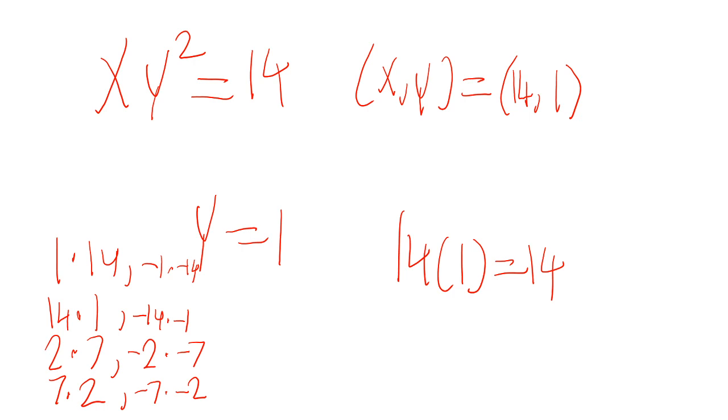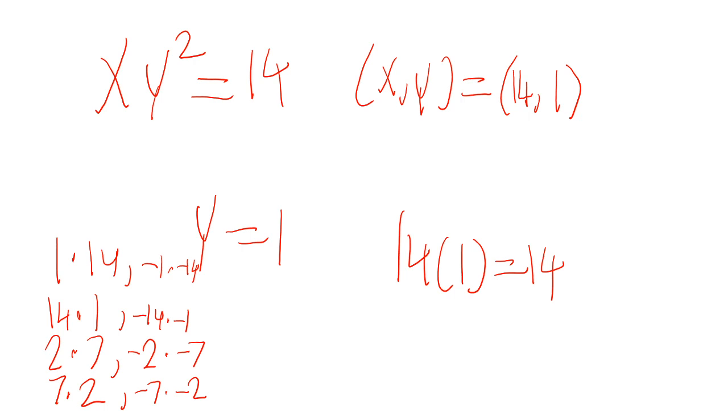Let's just think about this. If we put in a negative 1 squared, negative 1 times negative 1, that's just 1, and 14 times 1, so that works out. But we can't really have a negative as x, right? Because the only way you can have a negative number squared is i, and we're looking for real solutions, so that won't work out.